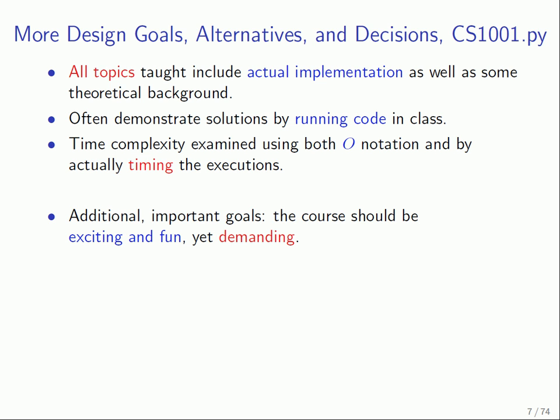I'll do maybe something very small here, but it takes time, but sometimes I think it's worthwhile because I care about time complexity. We care about time complexity. We examine it both by introducing O notations, which is actually one of the things that students in first year always complain they don't have a good understanding of, even after we made some improvements. But also we actually measure the runtime with a stopwatch.